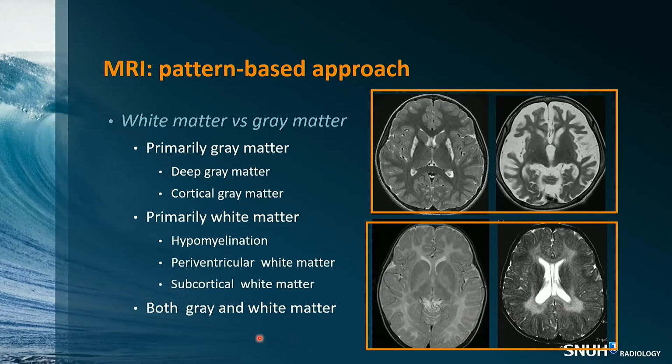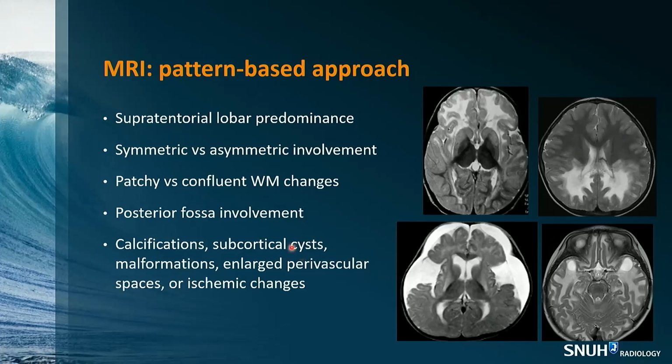And some involve both gray and white matter. Some lesions show lobar predominance, such as frontal dominance or parietal dominance. Some lesions are symmetric, while others are asymmetric, and we can see abnormal extra-axial CSF space widening, or sometimes subcortical cysts on MRI.